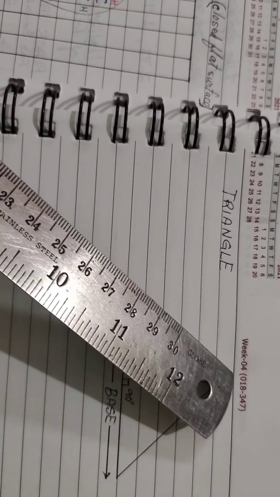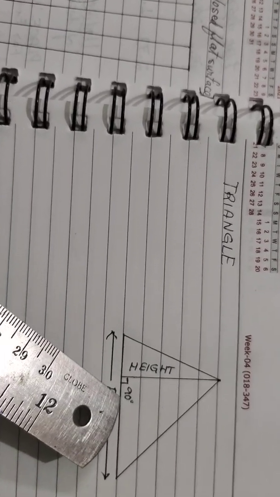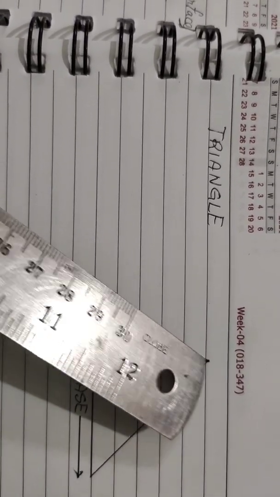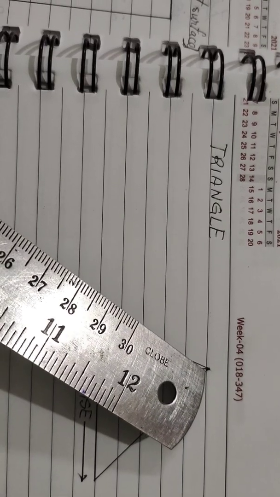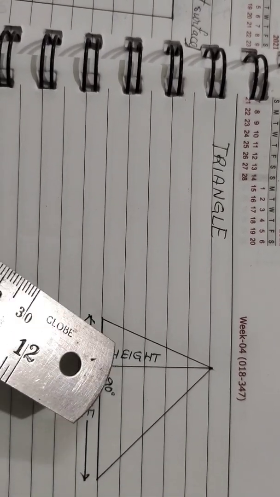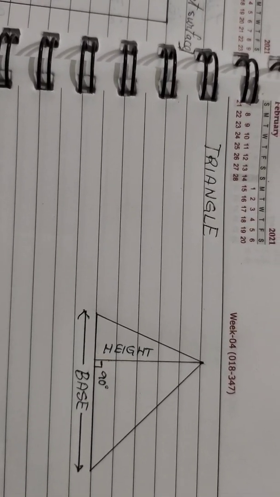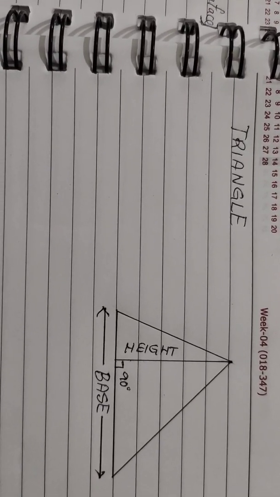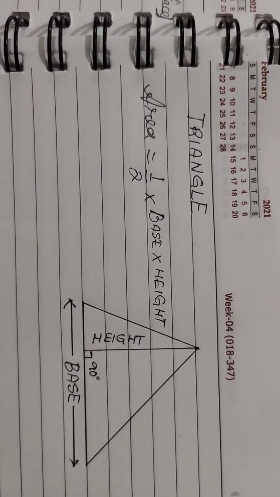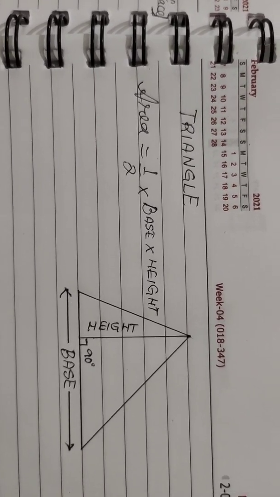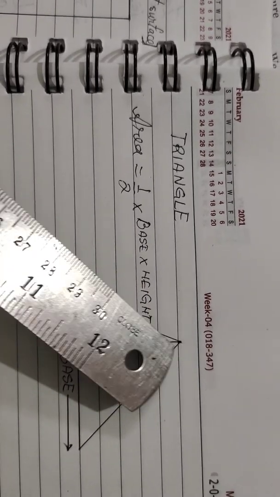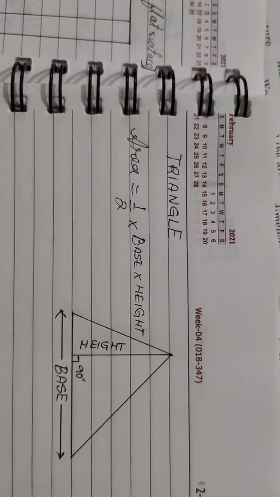That means the line that you draw for the height should make 90 degrees with the base. Only then can we say that the line drawn from the top of the triangle to the base is its height. So the area formula for a triangle is half into base into height.